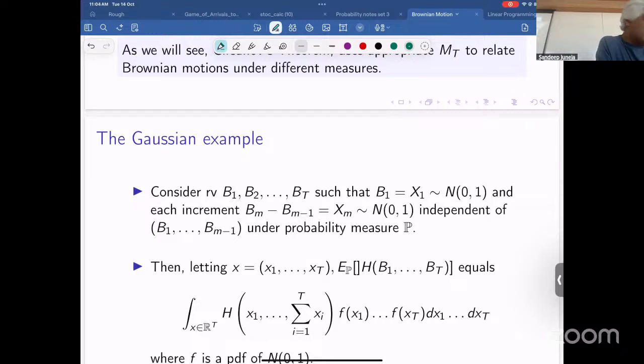And all these increments are independent. We just extracted these random variables from a Brownian motion. So these have this Gaussian distribution with mean 0 under probability measure P.